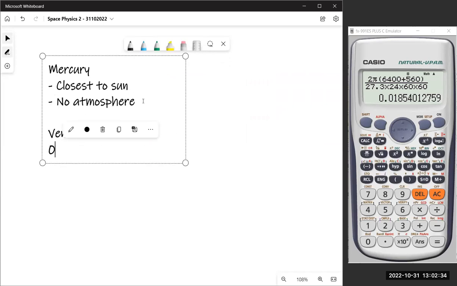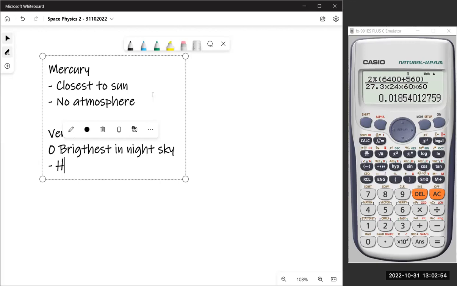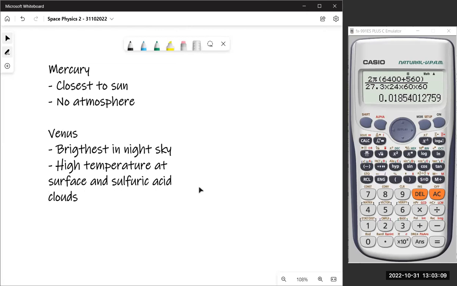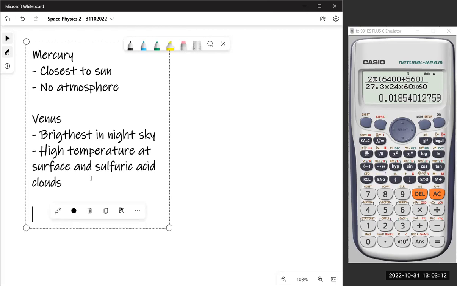Venus: brightest in the sky, high temperature. Earth is basically the only habitable planet.